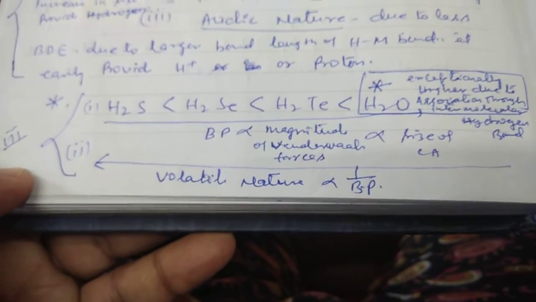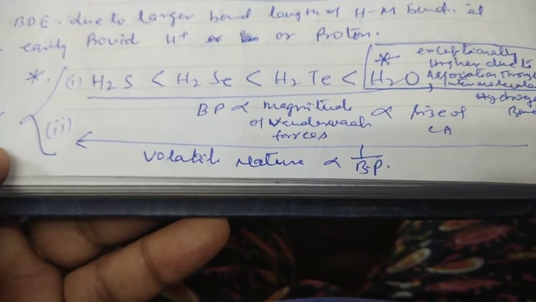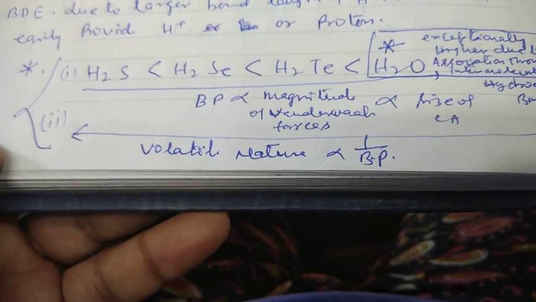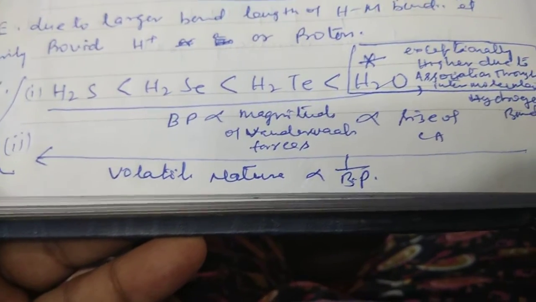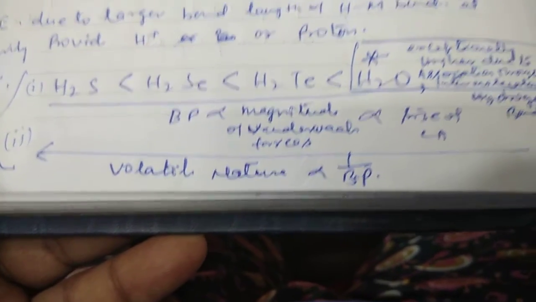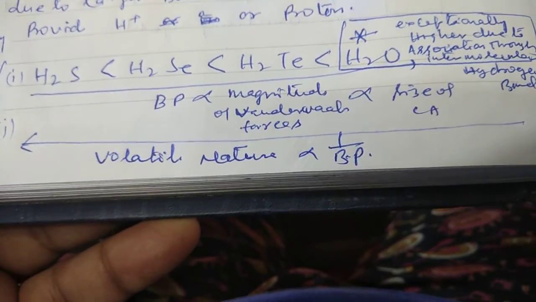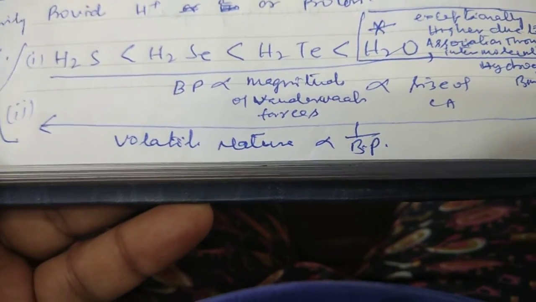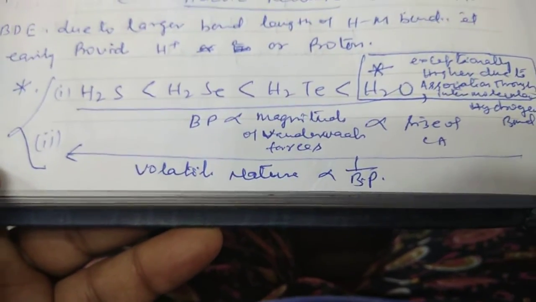Class, many questions are asked indirectly in this topic, such as why H2O is liquid and H2S is gas. Again, the answer is the same: H2O is associated through intermolecular hydrogen bonds, so it obtains the liquid physical state, while H2S is associated only through van der Waals forces, so it is a gas. Same concept.